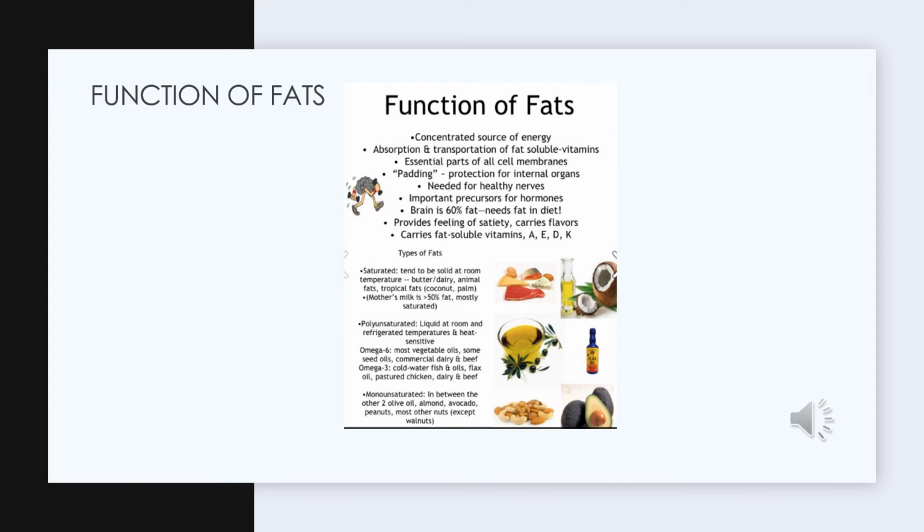And then you have monounsaturated fats, which are olive oil, almond oil, avocado, peanut oil, and all those other types of oils. Remember, when we're dieting, if you eat something with some fat in it, it's going to leave you more satisfied than a low fat meal.